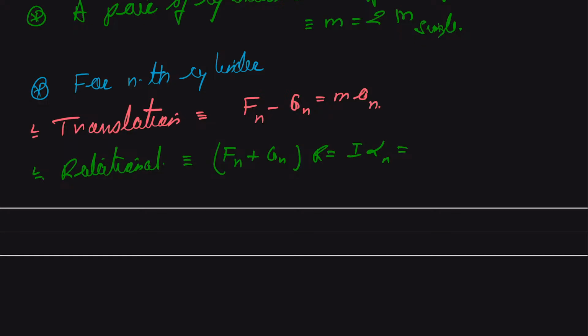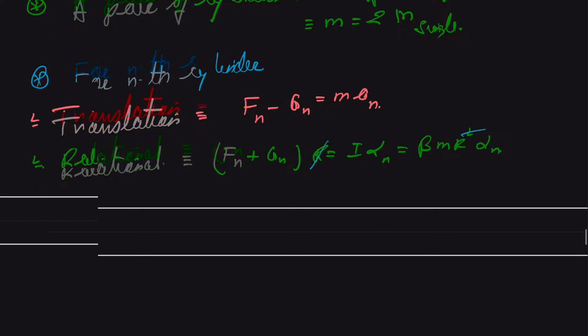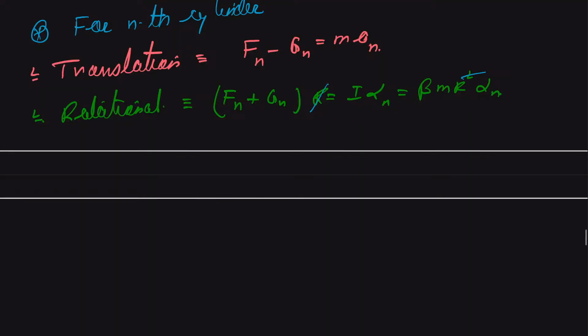And the moment of inertia will be equal to beta m r square, and this is alpha of n. And here this r goes by square. Therefore, we get that F of n plus G of n will be equal to our beta times m r alpha of n.